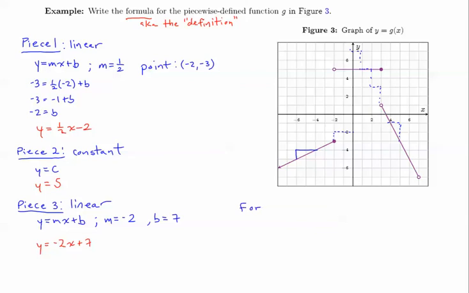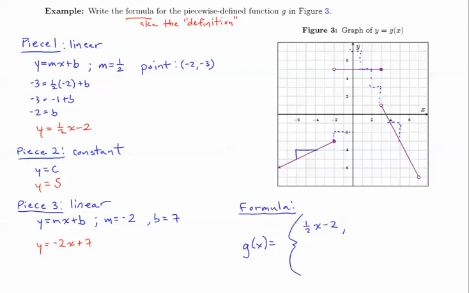Now the last step here is to write the formula for the entire function. We have each of the pieces defined, but this is a single function. So we're going to have g of x, and that will equal, and we're going to have 3 cases here. The first one: now we have g of x out front, so all we're really writing is the outputs here. We have g of x equals, and then we need the output. So that first output is 1/2 x minus 2.